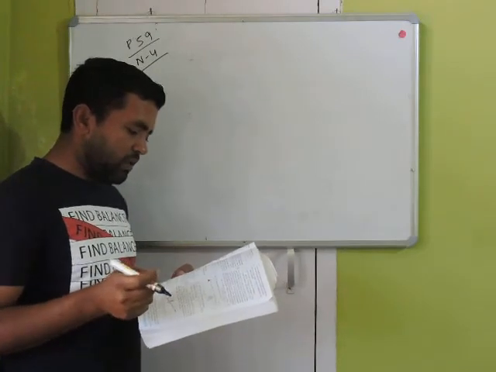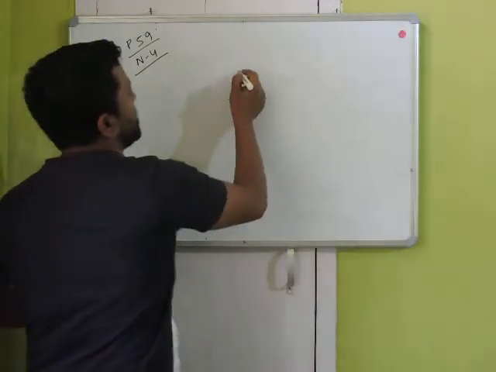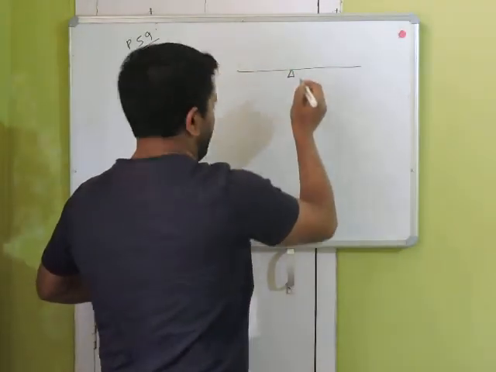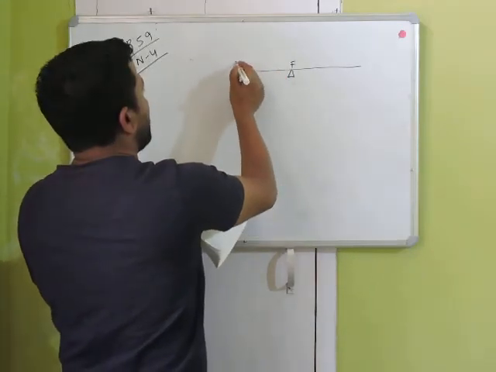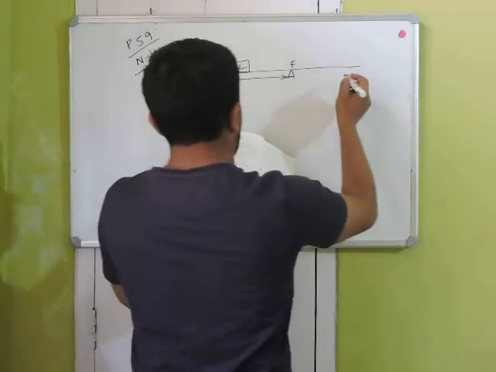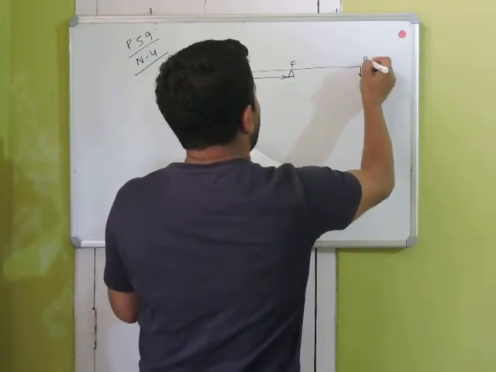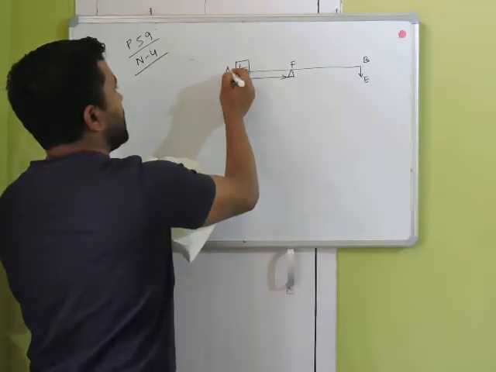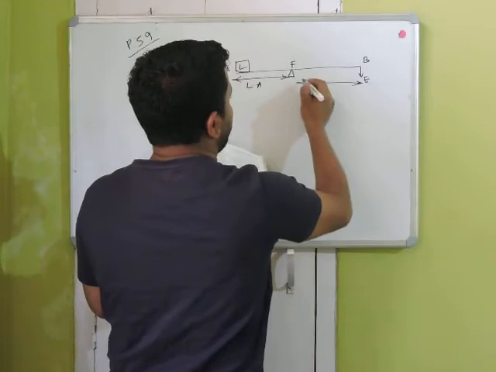Find its mechanical advantage and calculate the value of E. So this is your diagram: fulcrum, load and effort. This is B part, this is A part. So you can see this is load arm, this is effort arm.